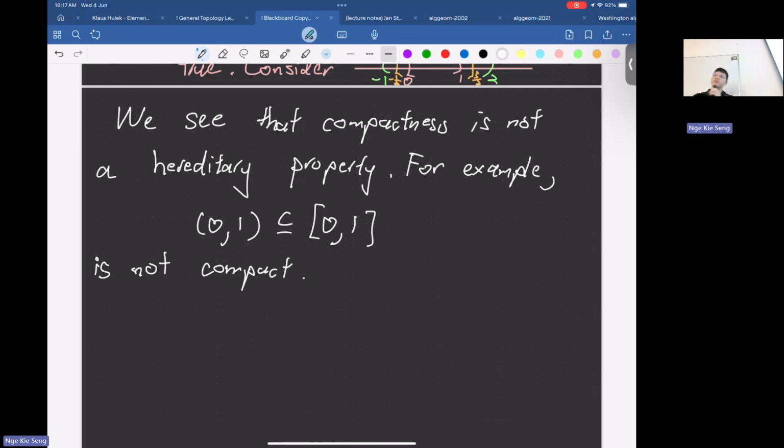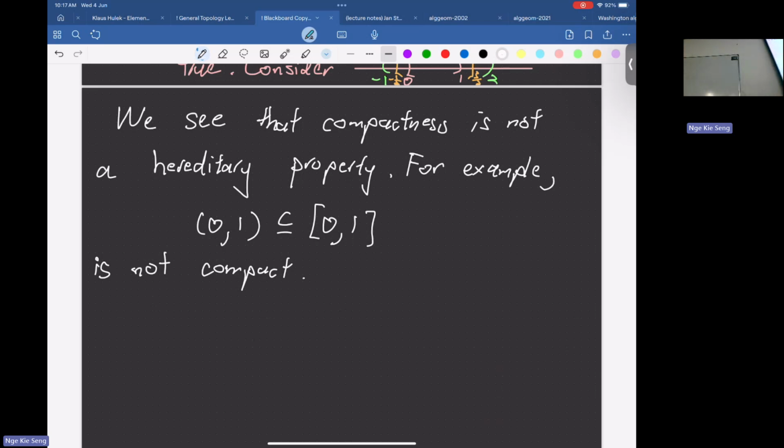So what's wrong here? Is there any ingredient we must add such that the subset has to be compact? So why does subset inclusion here not inherit the property of compactness?